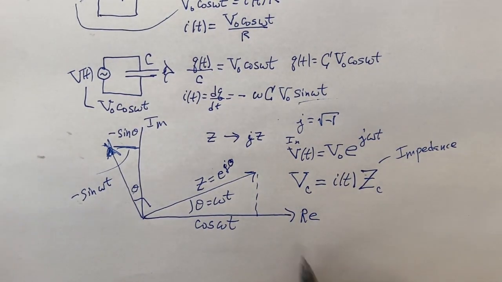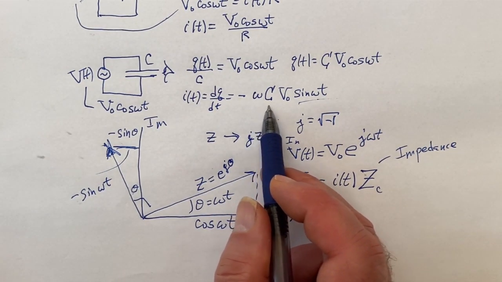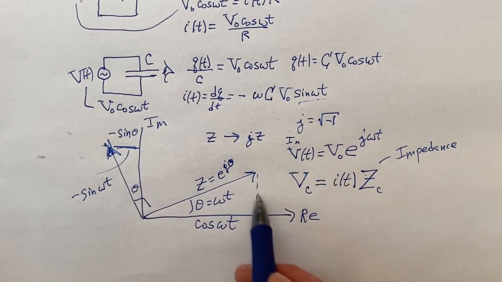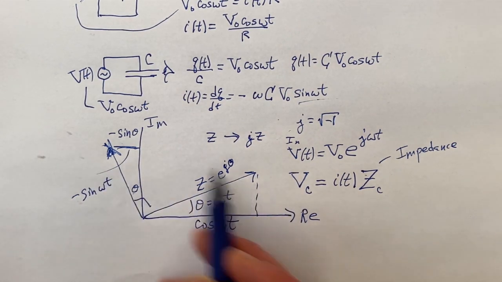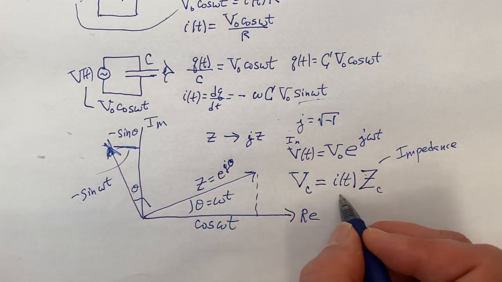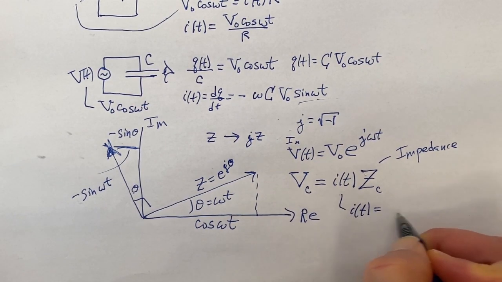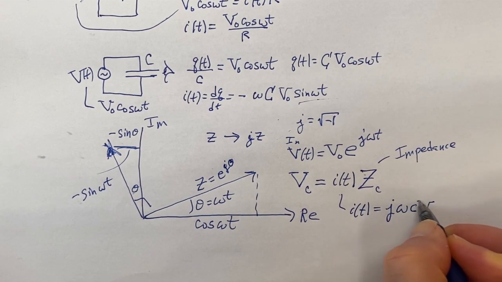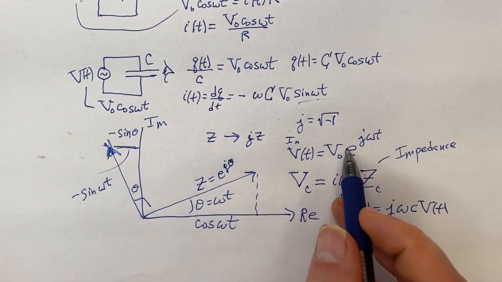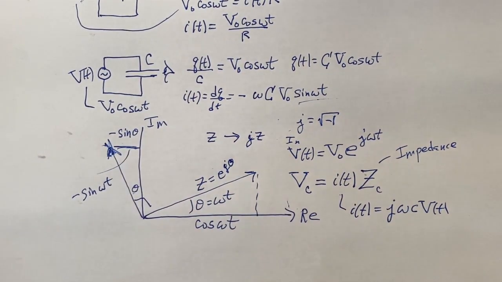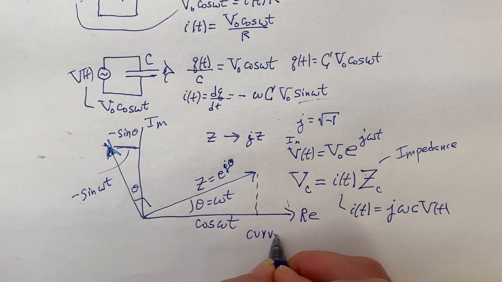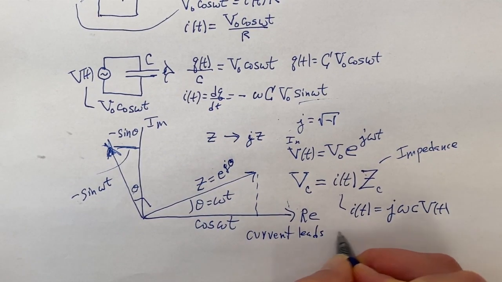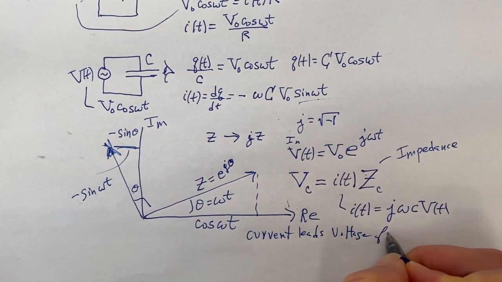Well, you have it up here. But with the phasor, you're actually multiplying by the j to get it just right. In other words, the current here, if you multiply by j omega C times your original voltage, if you hit this with j, you are going 90 degrees and you're leading. So the current here leads the voltage for the capacitor.